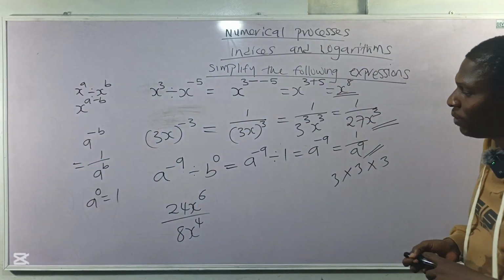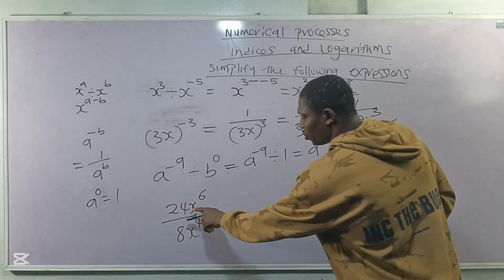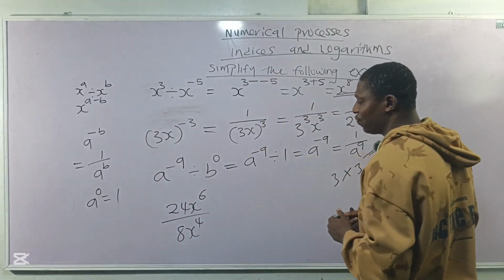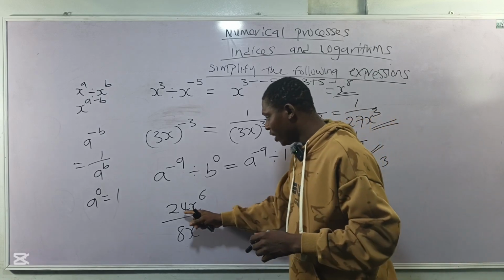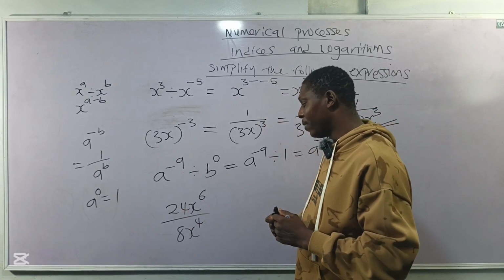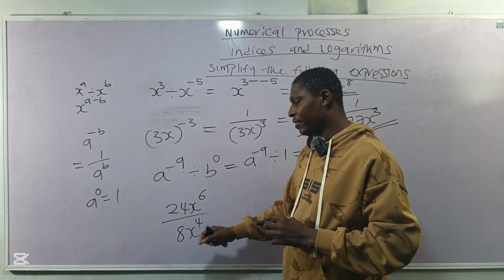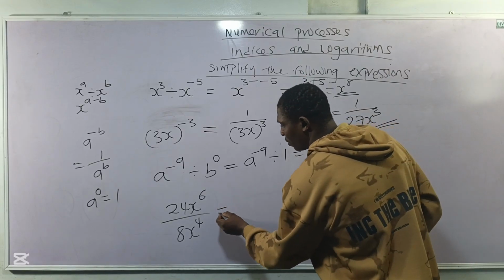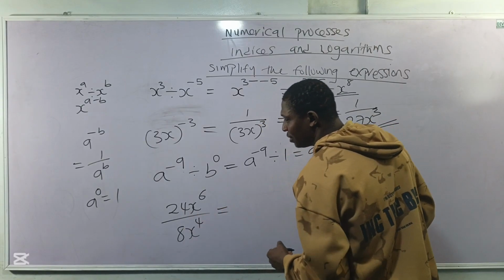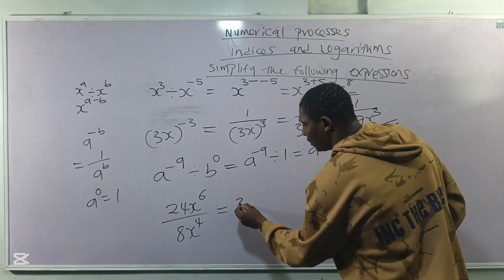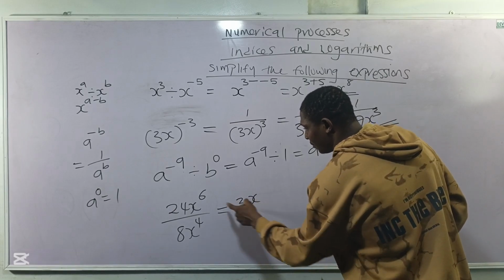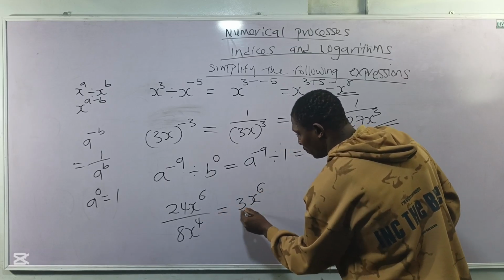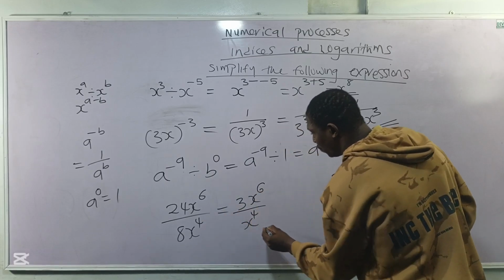Our last example on the whiteboard is 24x raised to power 6 all over 8x raised to power 4. Now 24 cannot be expressed in the power of 2. 8 can be expressed in the power of 2. So what I simply do is cancel out, 24 divided by 8 is 3. So I have 3x, this x raised to power 6, and I'm left with x raised to power 4.